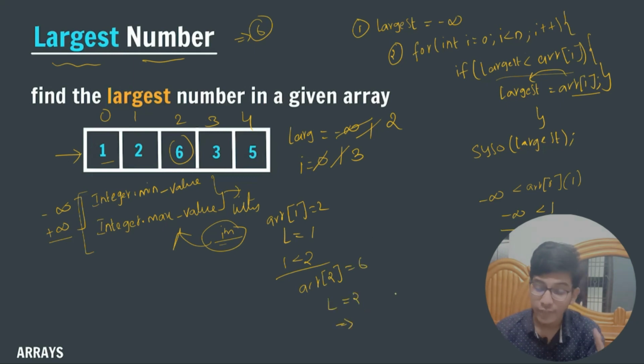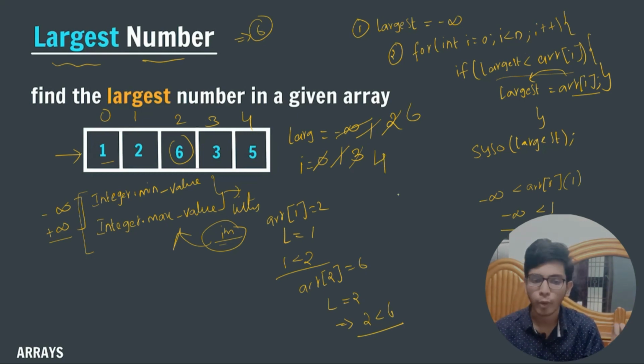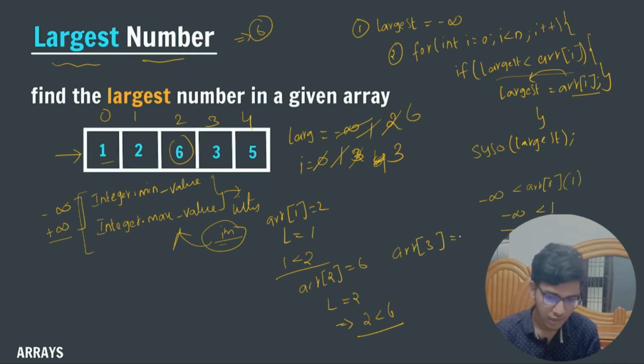Again the condition is true, that is 2 is less than 6. Then my largest will become 6 and i will get incremented by 1. So i will be 3. Now arr[3] is 3.